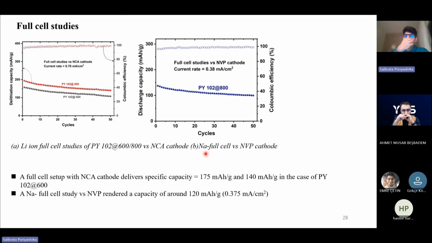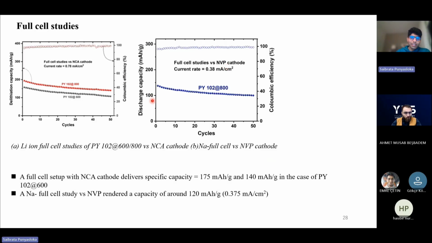So the next thing was, such carbon materials are good in half cells, but are they really good in full cells? So I did the process for both in this case, with an NCA cathode, and it did give a very good capacity. Of course, 800 gets a little higher capacity because of the reasons already mentioned. But for sodium, 600 didn't work at all.